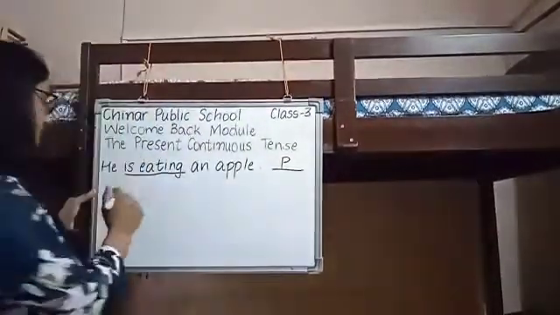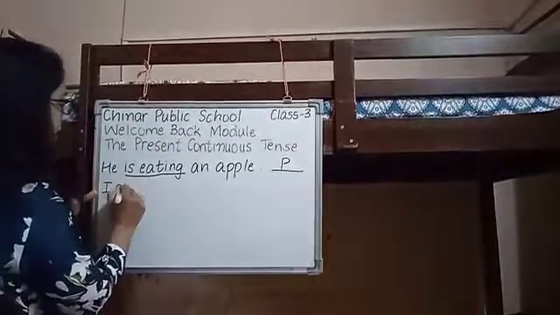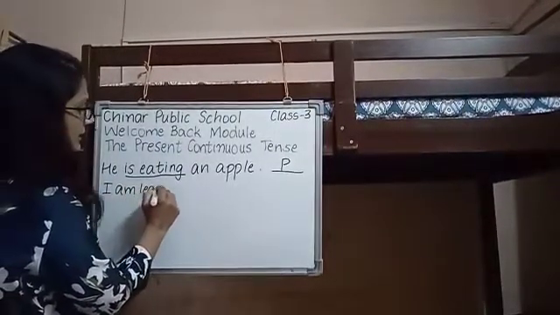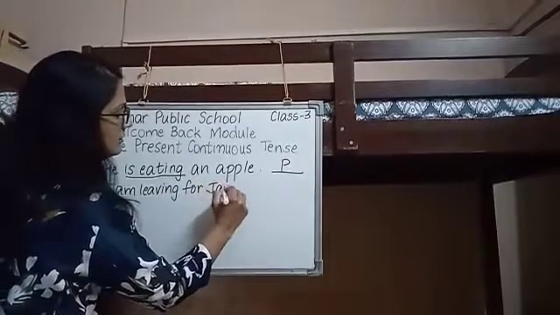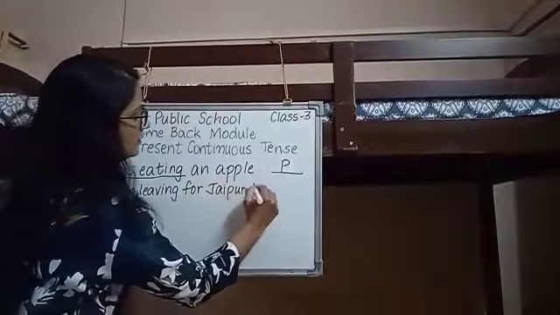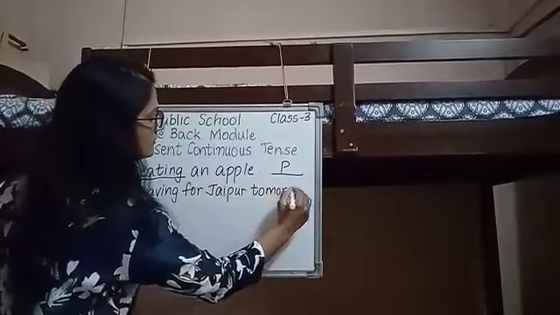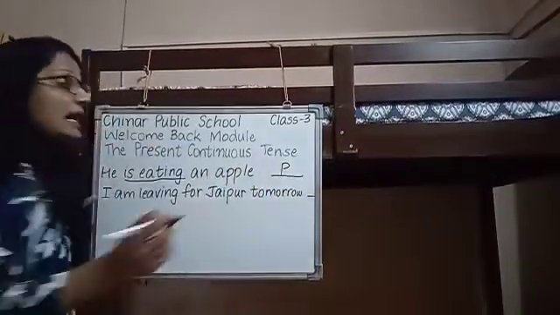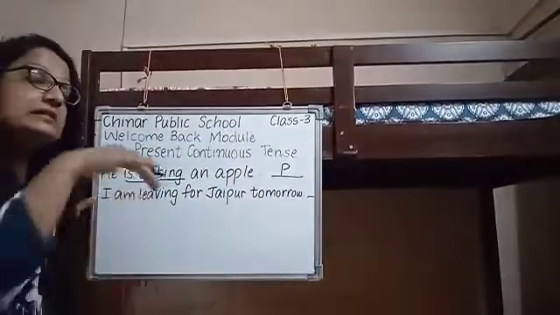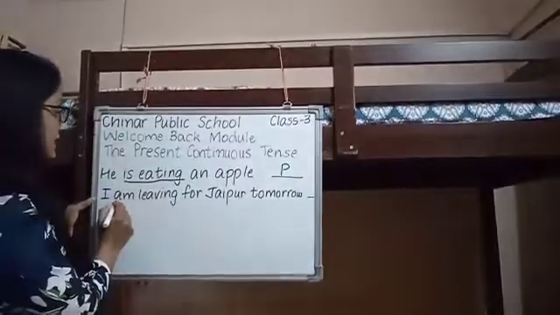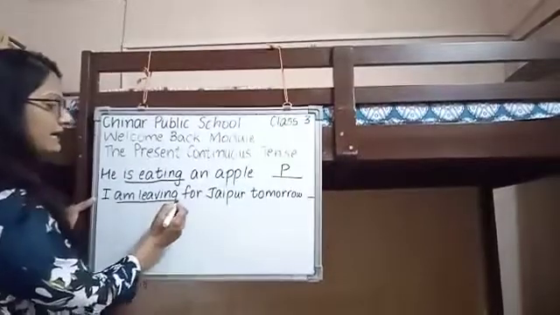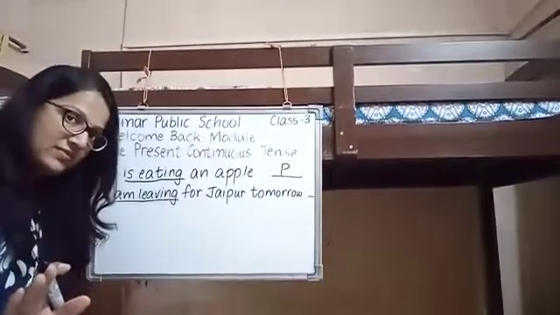If I say, I am leaving for Jaipur tomorrow, and we have to identify whether it is in present time or the future time. Again, firstly, see, am plus verb plus ing, so it is in present continuous tense form.